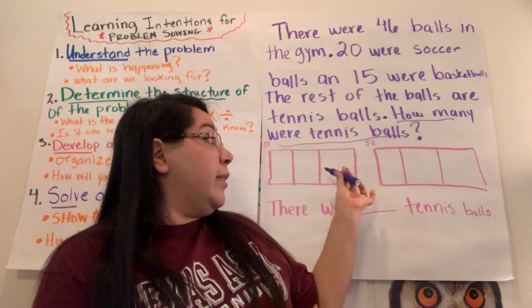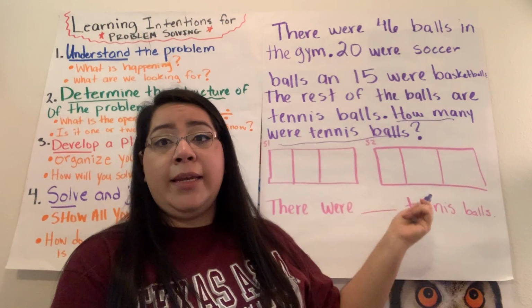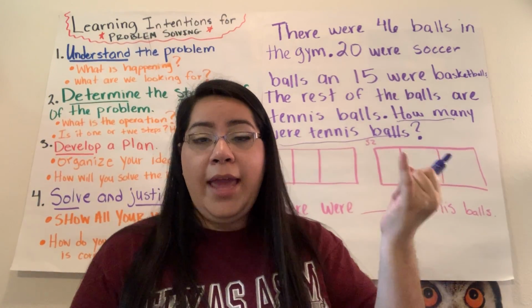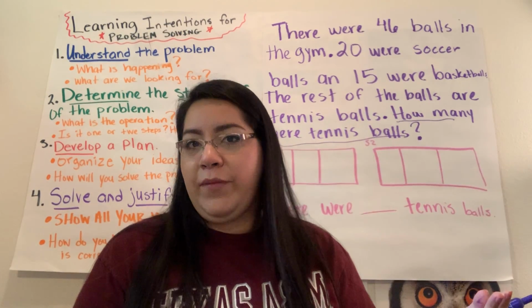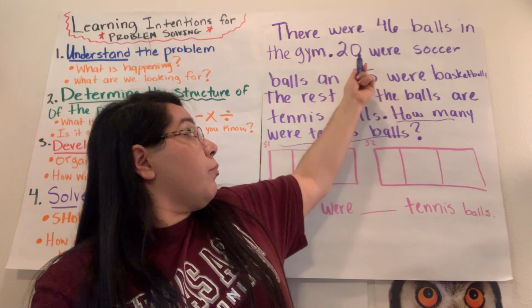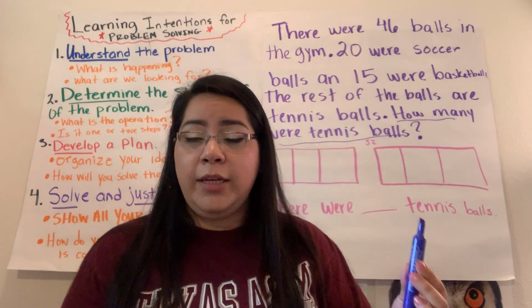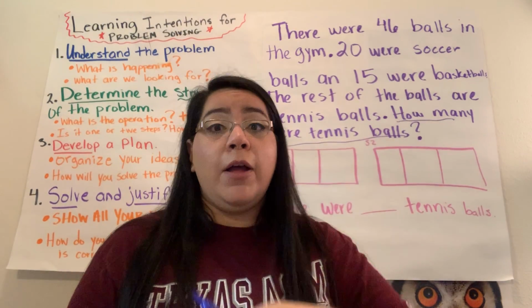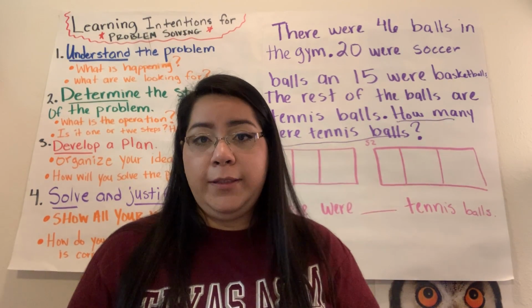Now, we have to decide, is this just a 1, or am I going to need 2 steps? Okay? And if it's 2 steps, adding, subtracting, multiplying, or dividing. Okay? So they give us 2 numbers, 20 and 15. We have 20 soccer balls, we have 15 basketballs, but altogether, with all 3 types of balls, is 46.